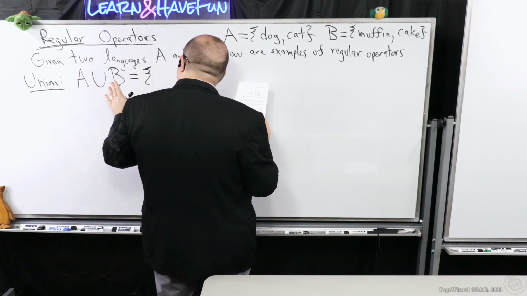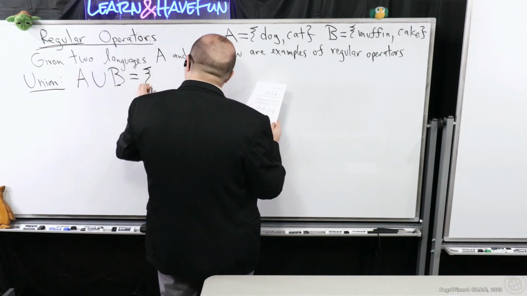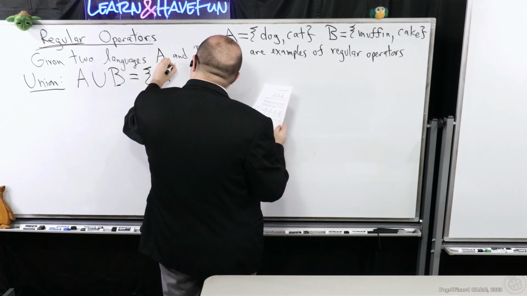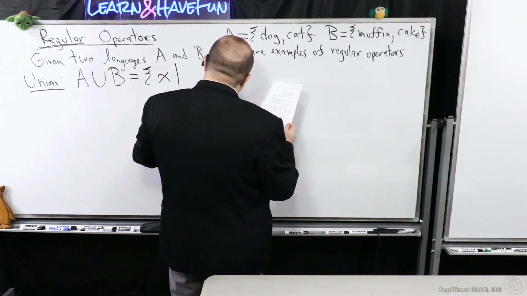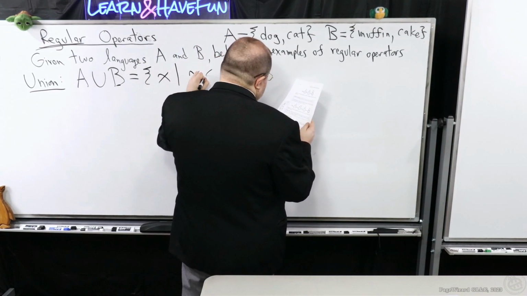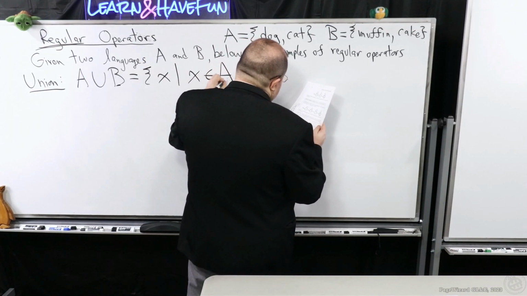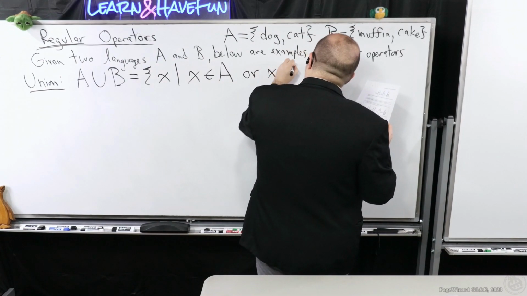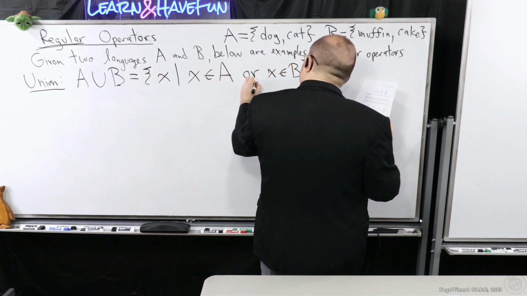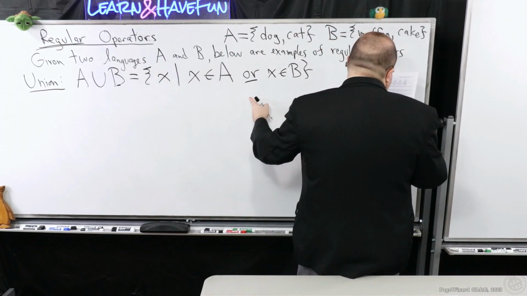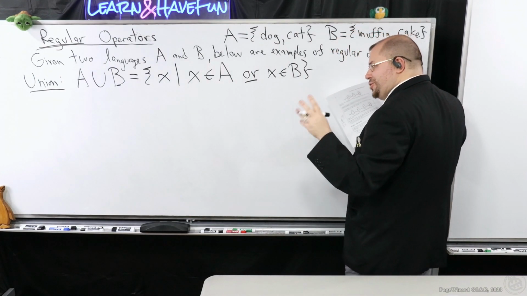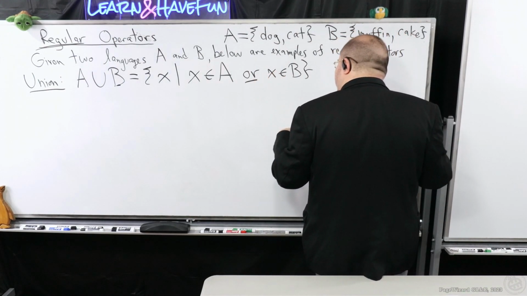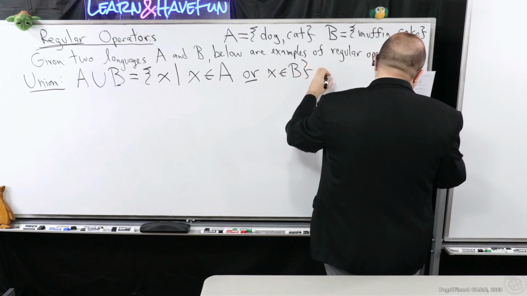The result of performing a union operation is that it will contain every string x such that x is in A or x is in B. Notice the or there. This is just a typical union operation. This is actually how you might go about defining what union is.